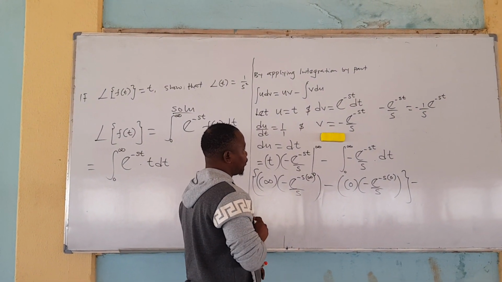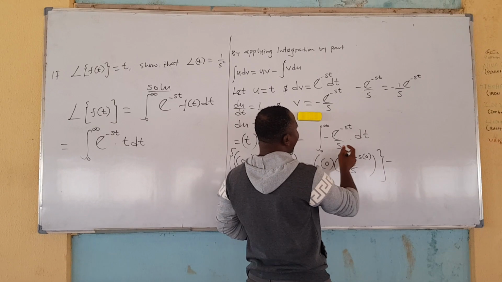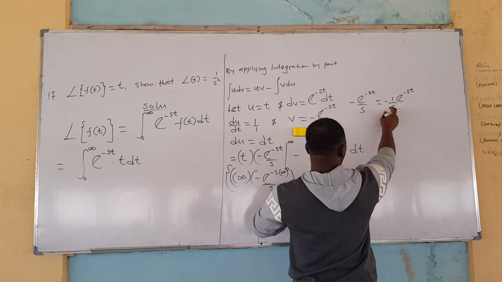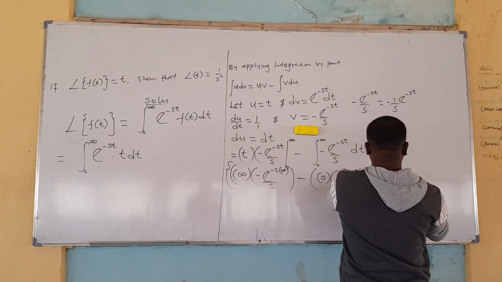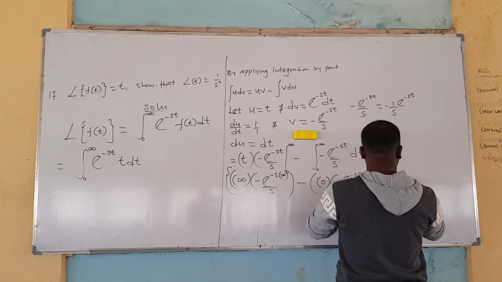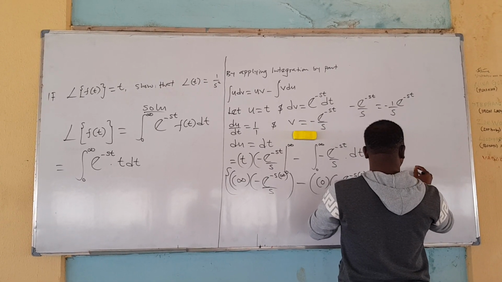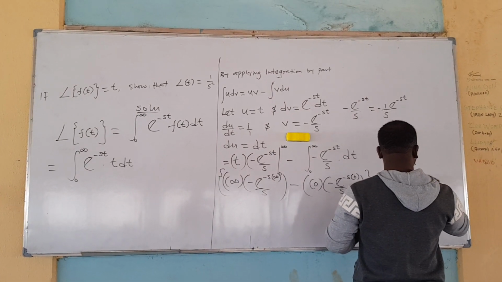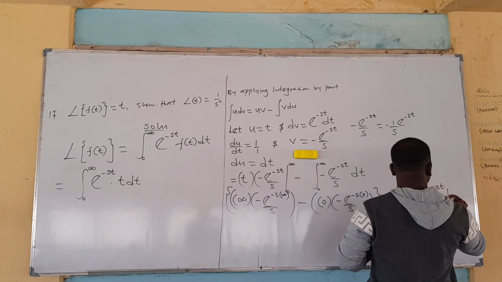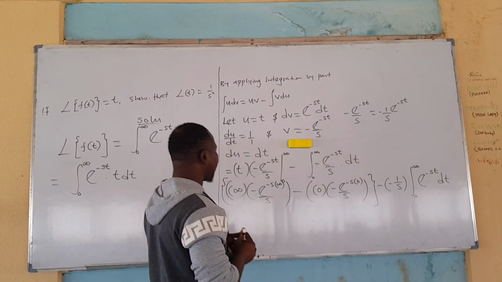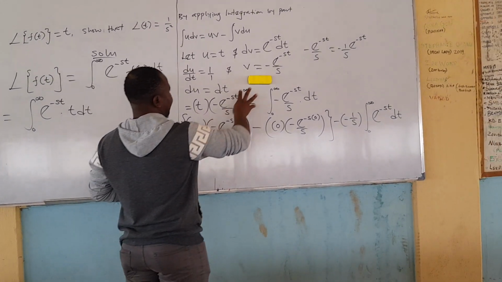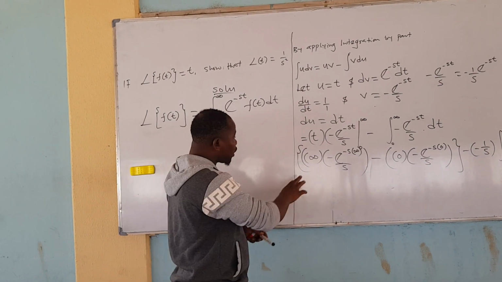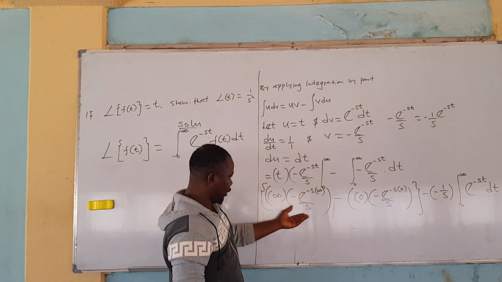Please listen very carefully. We are going to factor out this minus 1 all over s. So here will now be all in bracket minus 1 all over s integral 0 to infinity, exponential minus st dt. Now let's look at these ones.